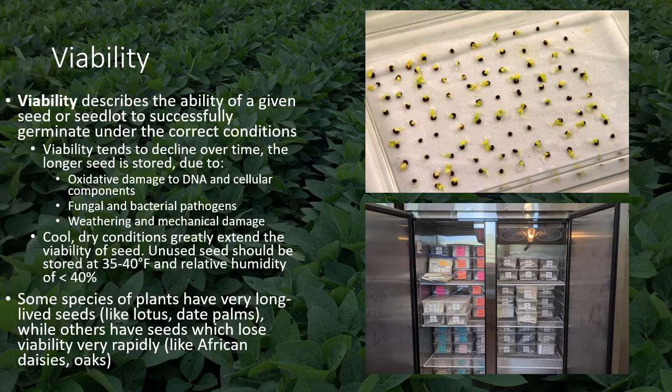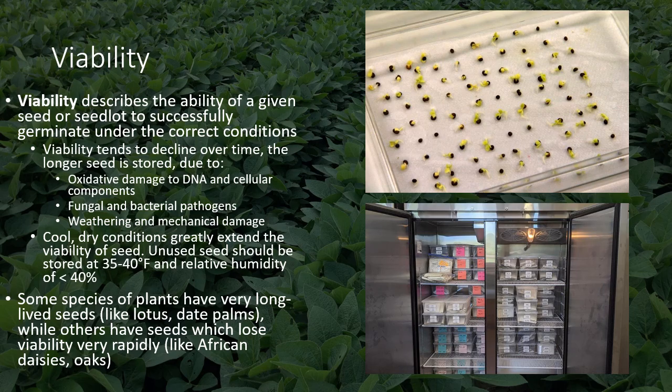Viability declines due to oxidative damage to DNA. When we talk about oxidative damage, we're talking about normal chemical processes that occur within cells that result in what we call reactive oxygen species, which are molecules that contain oxygen that is highly reactive. Hydrogen peroxide is probably the most familiar reactive oxygen species.